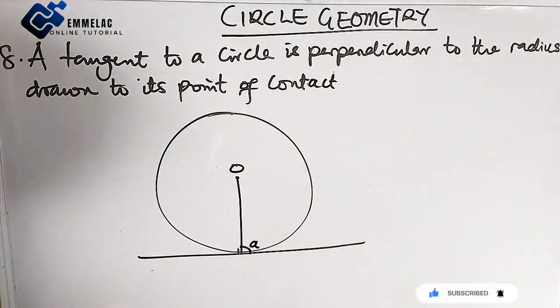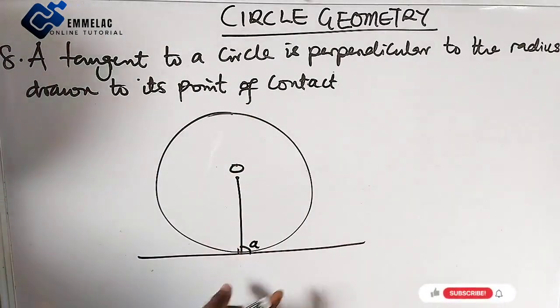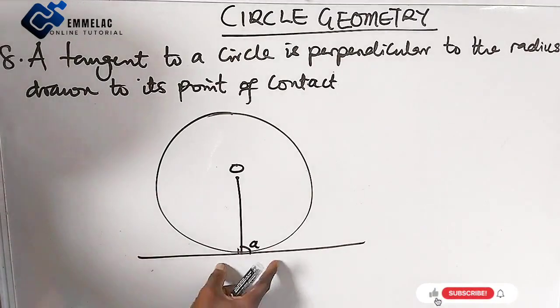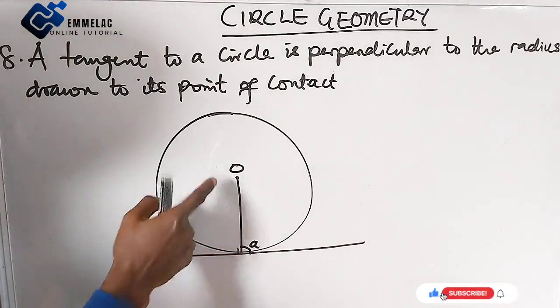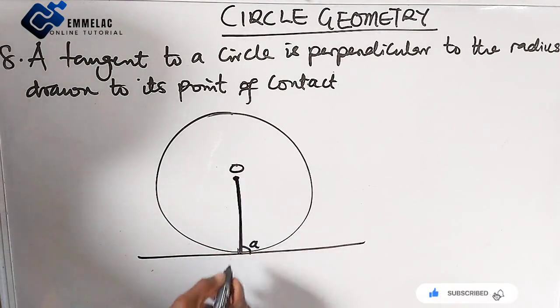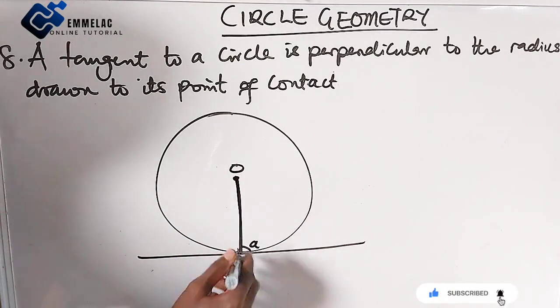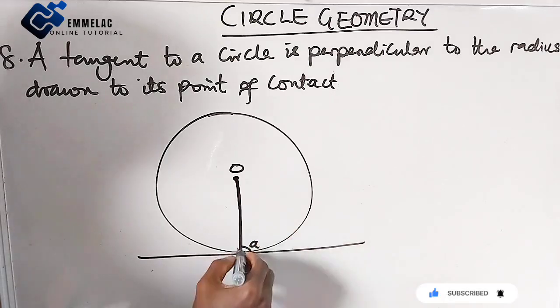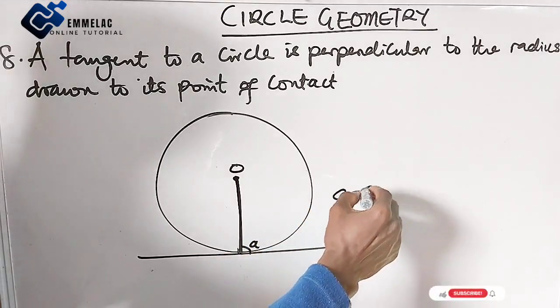All right. So from here, what does this imply? Now the tangent of a circle is perpendicular to the radius. Now here's the radius.